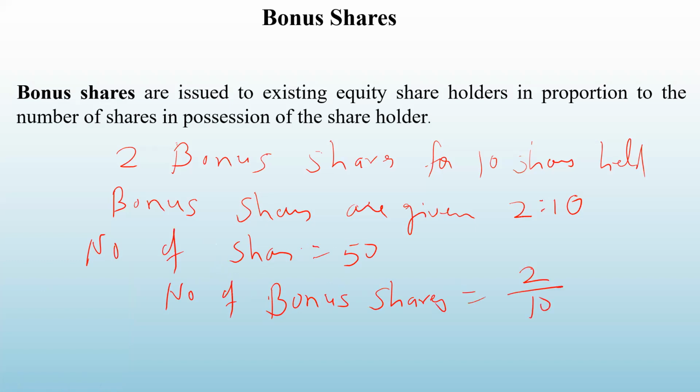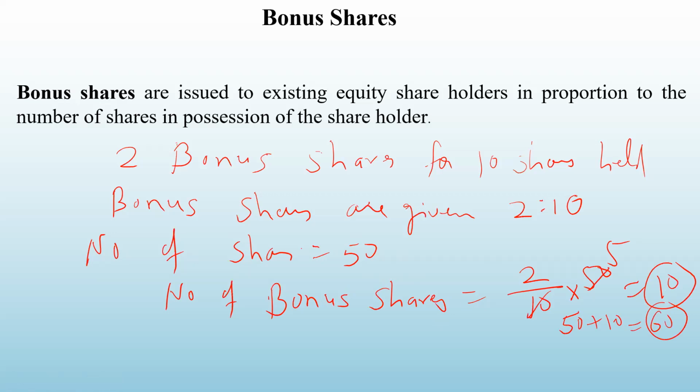Out of 10, 2. So what about if you are having 50? You will get 10 bonus shares. This is how we calculate the number of bonus shares. Now after getting the bonus shares, how many shares is this person having? Before he was having 50 and now he got 10 bonus shares. So total, now he is having 50 plus 10, that is 60. I hope you have understood the concept of bonus shares.